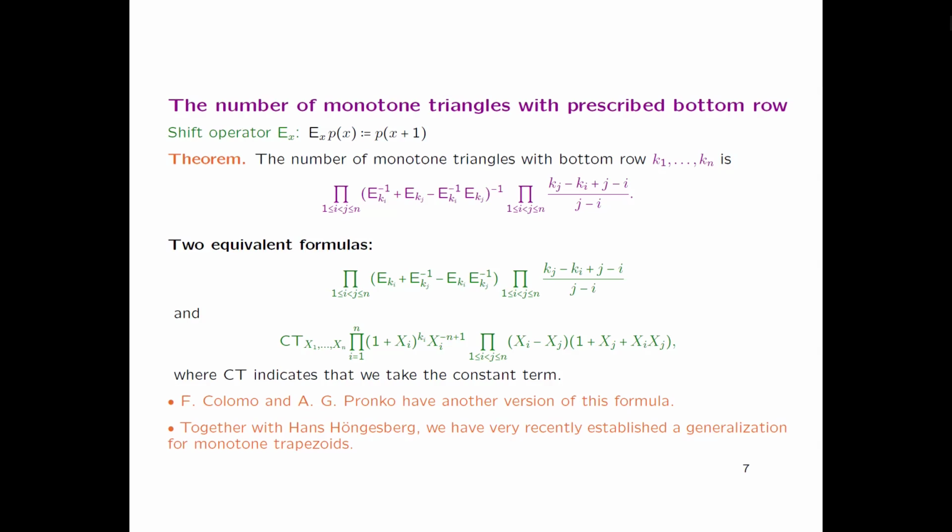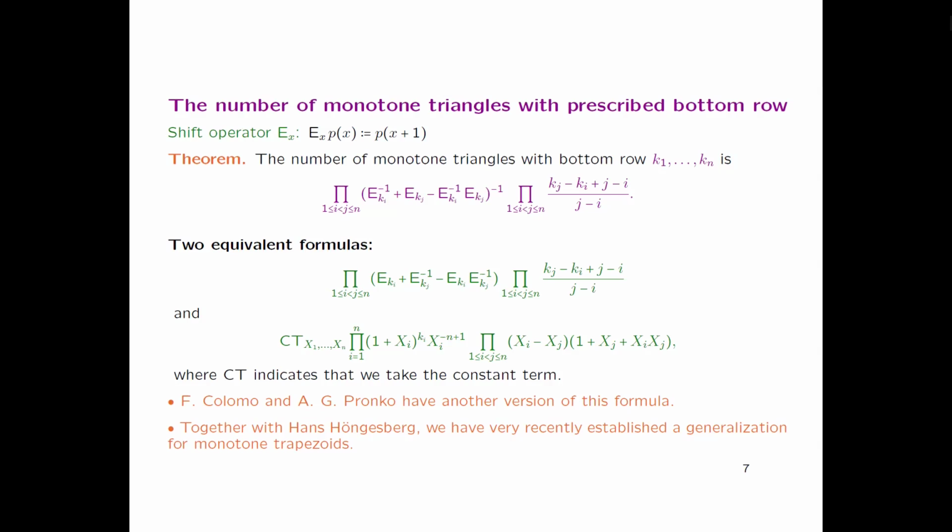And then maybe let me point out one thing. So next I want to explain to you somehow, I want to give you an intuition about this formula. So why did I actually start with Gelfand-Tsetlin patterns? So the product, the Ki product, actually precisely counts the number of Gelfand-Tsetlin patterns.